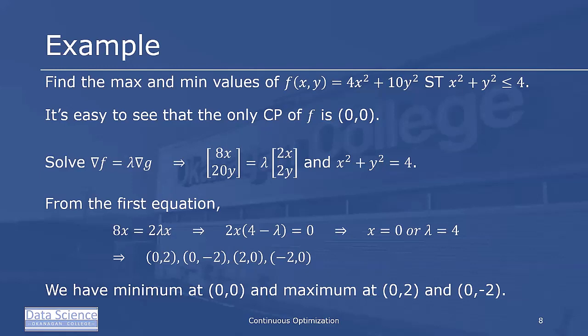A similar analysis on the second component, 20y equals lambda 2y, will actually give us the same set of 4 points. And so we have a minimum value at our critical point, 0, 0, and maximum values at 0, 2, and 0, negative 2.